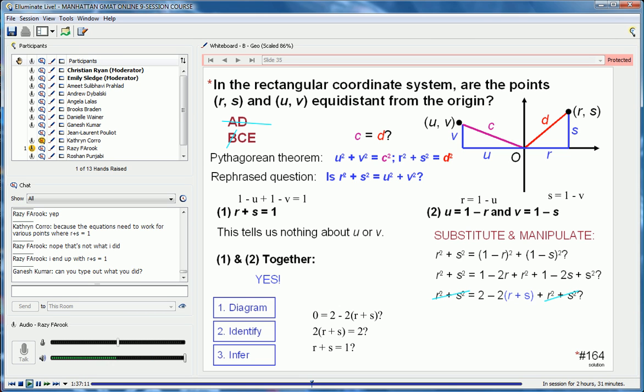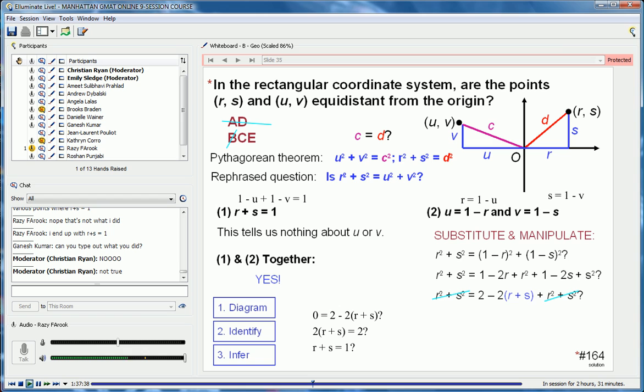You might have to type out exactly what I have on my piece of paper here. So the first step is we're given R plus S equals 1. So we want to find out if it's the same distance, then U plus V should equal 1 too. So we're given in statement 2. All right. Okay.